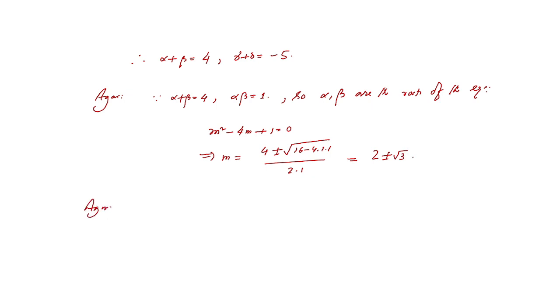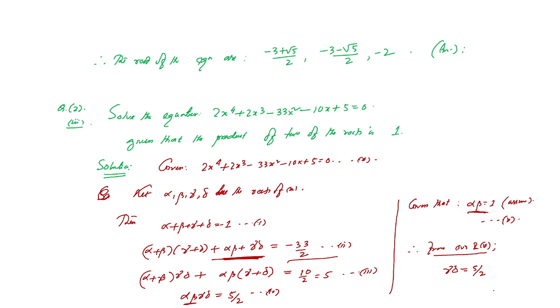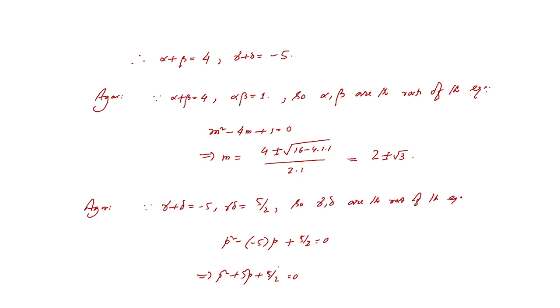Now again, since gamma plus delta equals minus 5 and gamma delta equals 5 by 2, gamma comma delta are the roots of the equation p square plus 5p plus 5 by 2 equals 0.